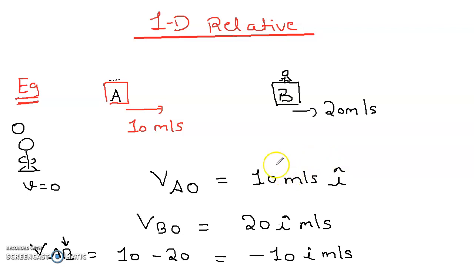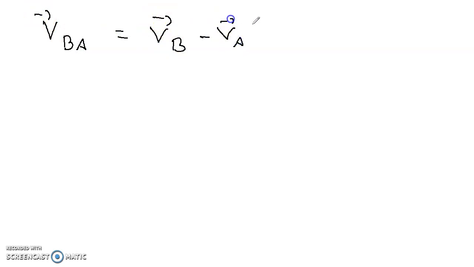And if I ask the same thing, what is the velocity of B with respect to A? So velocity of B minus velocity of A. What was the velocity of B? 20 minus 10, so 10 meter per second.